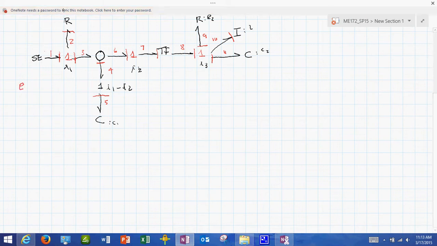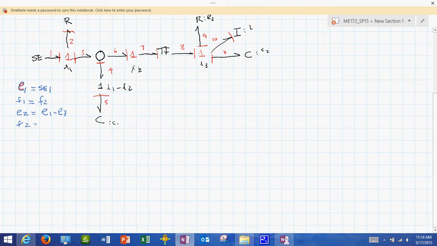So let's say E1 is equal to SE1. F sub 1 is equal to F sub 2. E sub 2, following the causal marks, is E1 minus E sub 3.